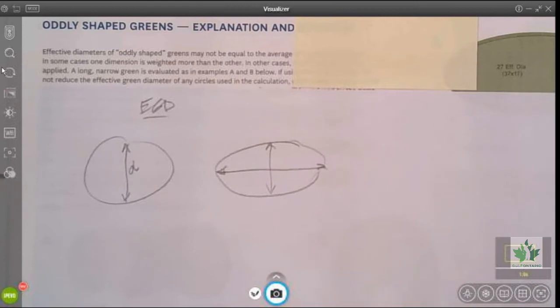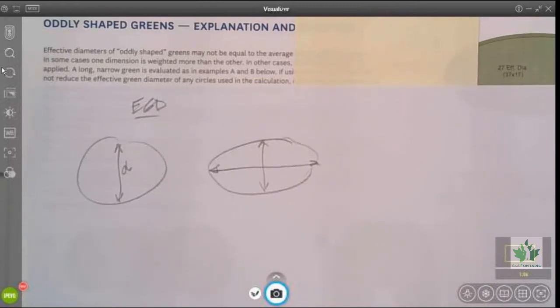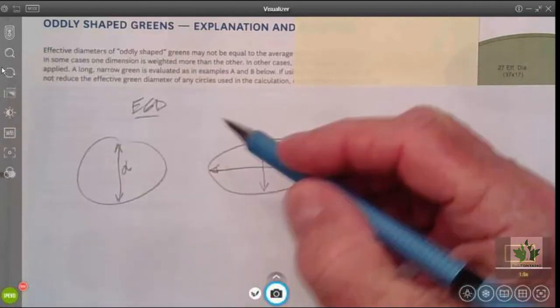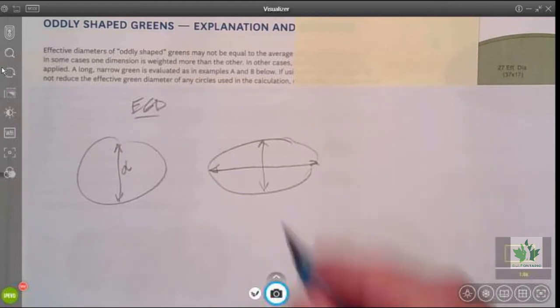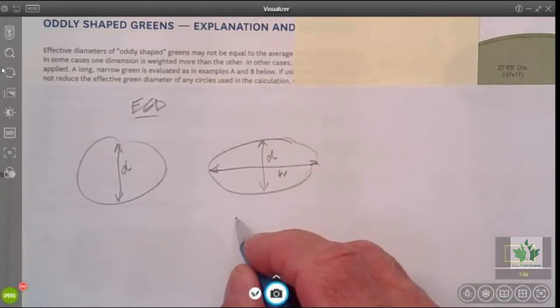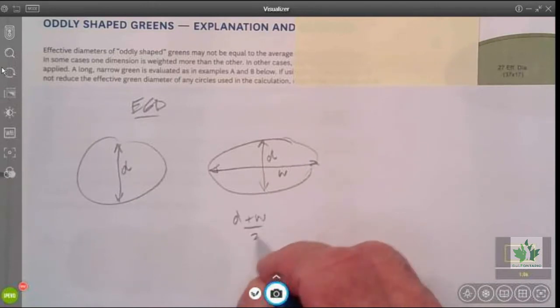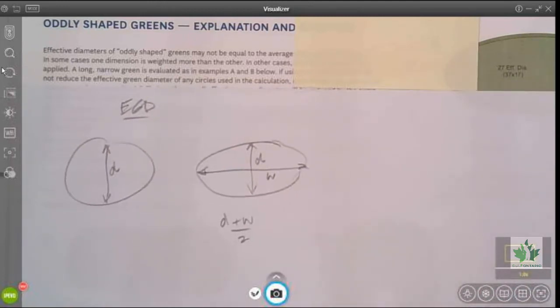But depending on the orientation of this oval to the line of play, and it doesn't really matter what the orientation is, whether it's like this, or elongated along the line of play, or even oblique to the line of play, the target's the same size. It's just that we would call this one the depth and this one the width, and of course it's just D plus W over 2 for the effective green diameter. You just average it. That works as long as the oval isn't elongated.